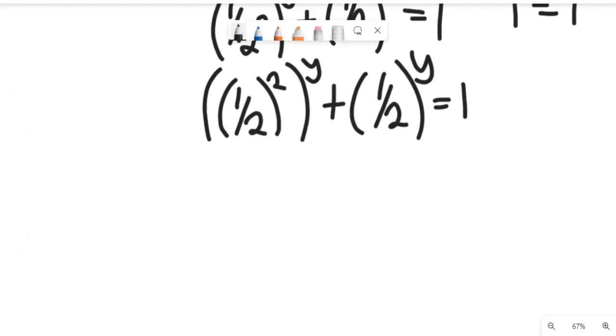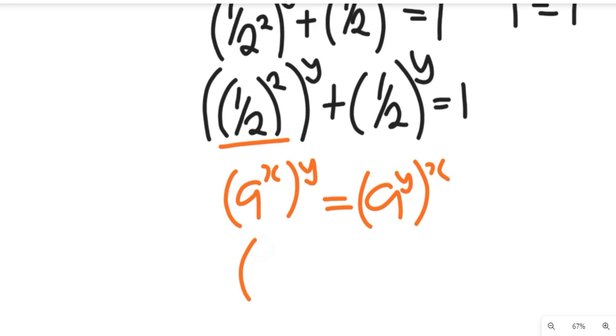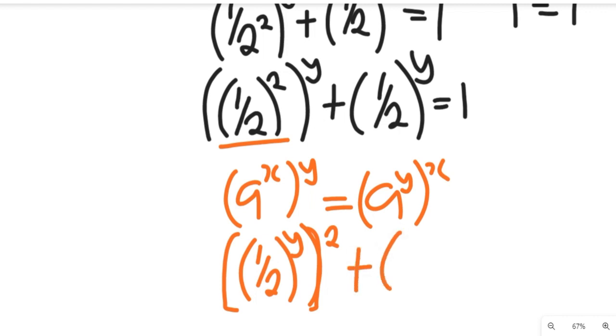Remember that according to the law of indices, if we have a to the power of x, all to the power of y, it can be equal to a to the power of y, all to the power of x. If we apply that here, we can have this to be equal to 1 divided by 2, all to the power of y, all to the power of 2, plus 1 divided by 2, all to the power of y, equal to 1.